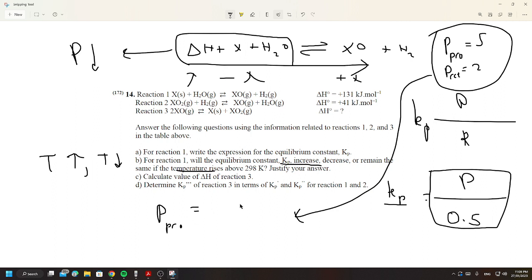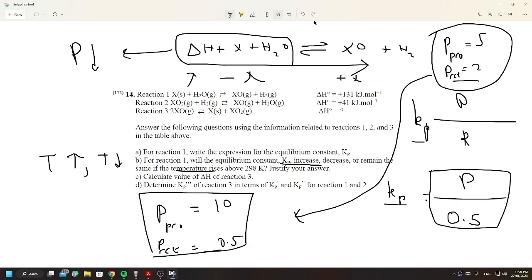Let's assume the pressure here was 10, and the pressure of the reactants, since the reactants were used up, let's assume it was 0.5. If we compare the Kp before and after the temperature increase, we're going to see a bigger Kp for equilibrium, right?